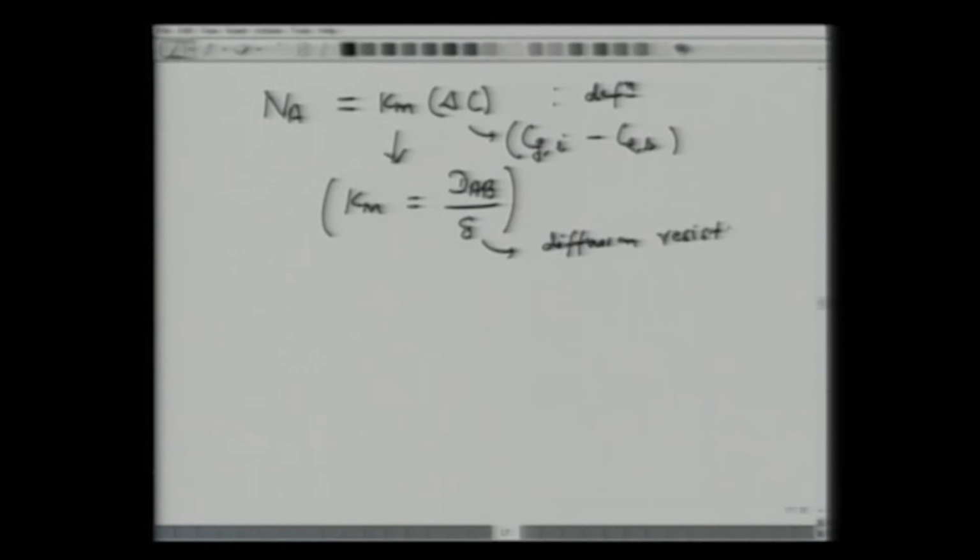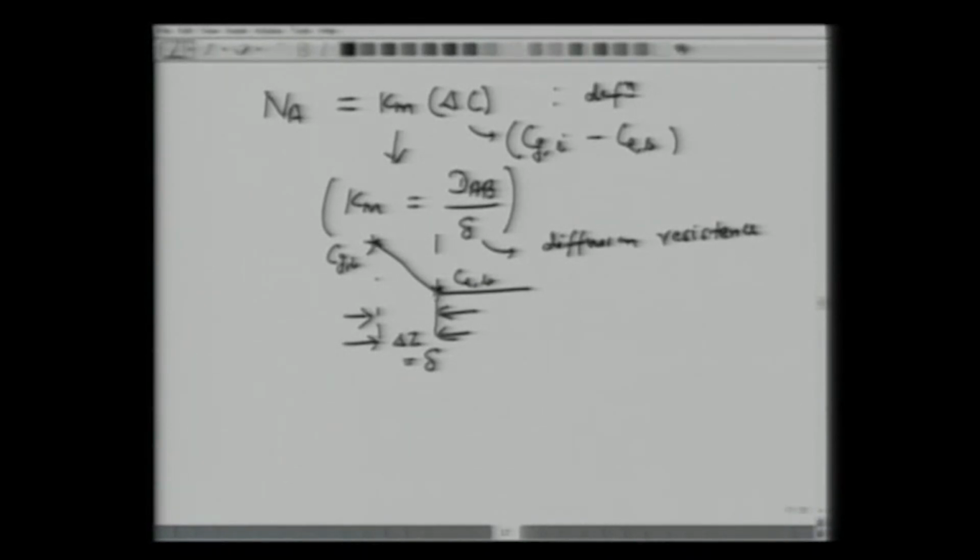So we have a steady state concentration profile that does not change with time, it is linear, and there is a hypothetical film of diffusion resistance in which the entire concentration drop occurs over this film of thickness del Z. So there is no concentration gradient in the bulk, and we have CGI and the bulk concentration CLB. This is film theory.